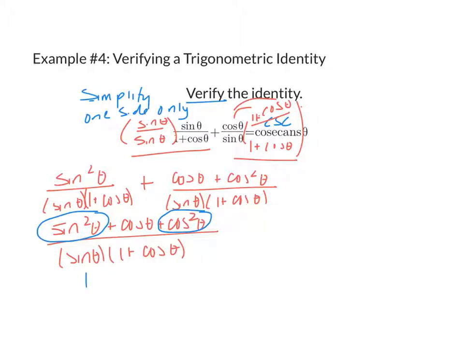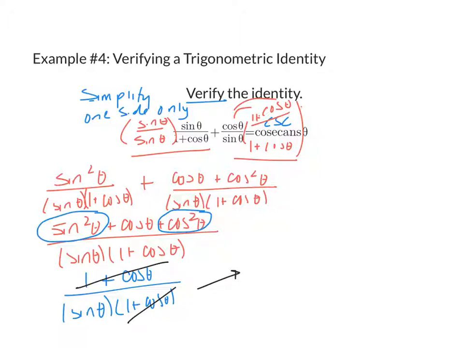So that'll give us 1 plus cosine theta over sine theta times 1 plus cosine theta. What then happens is that the 1 plus cosine theta of the numerator cancels with the 1 plus cosine theta of the denominator. And we're left with 1 over sine theta. And again, 1 over sine theta is cosecant theta, and we've proved our point. Cosecant theta equals cosecant theta.